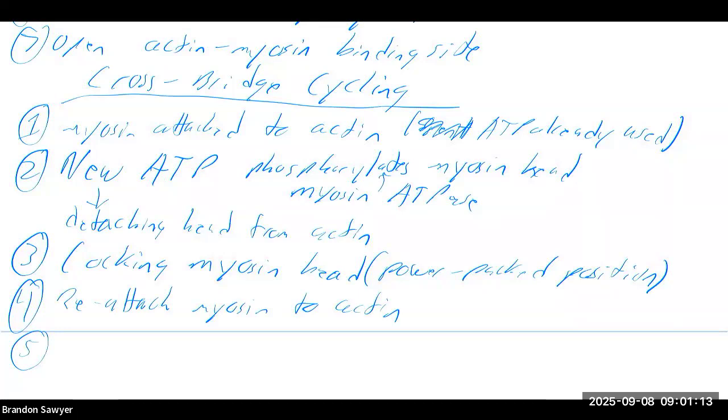And then finally, the release of inorganic phosphate causes the power stroke and muscle shortening.